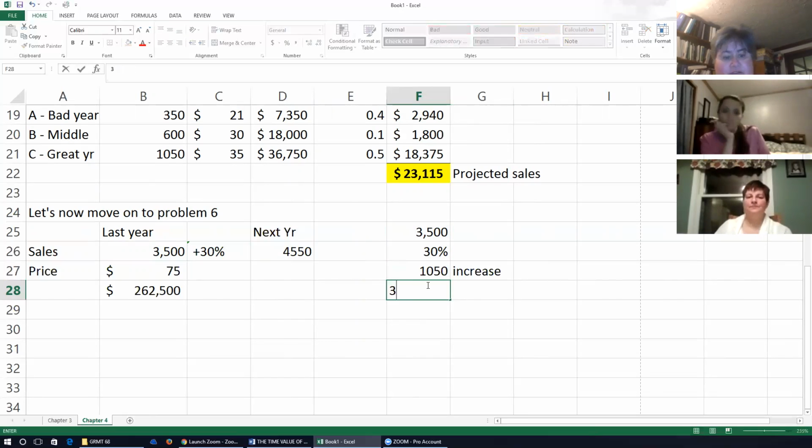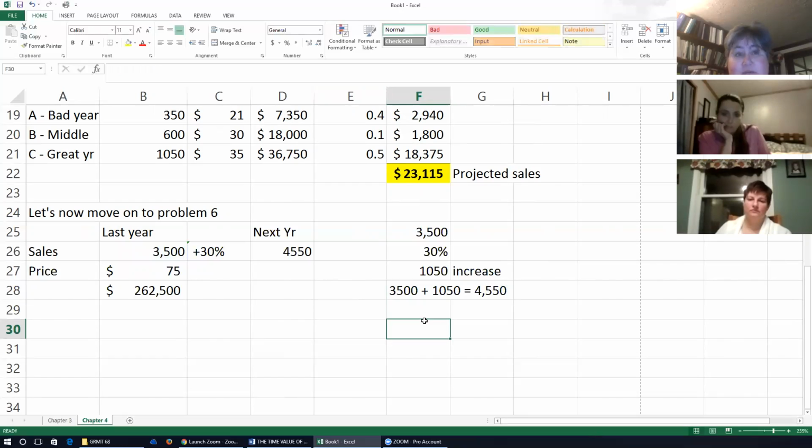So then you'd have to go 3,500 plus 1,050 equals 4,550. So either way, you can do it this way, or you can multiply by 130%. But just keep in mind that because it said it wanted to increase them, your answer needs to come out higher than last year.